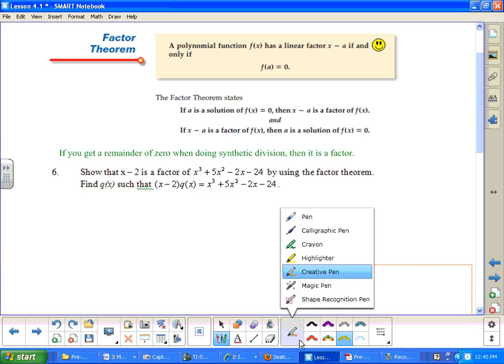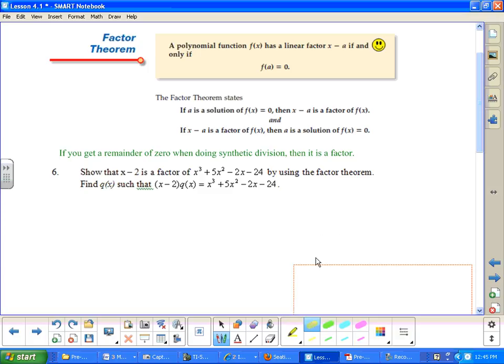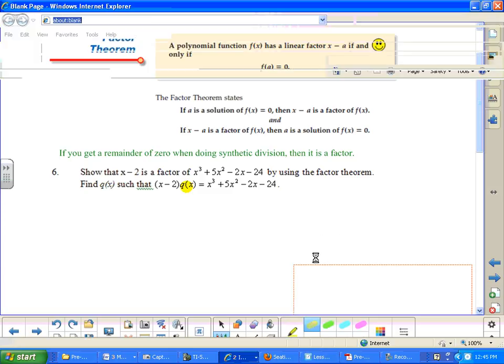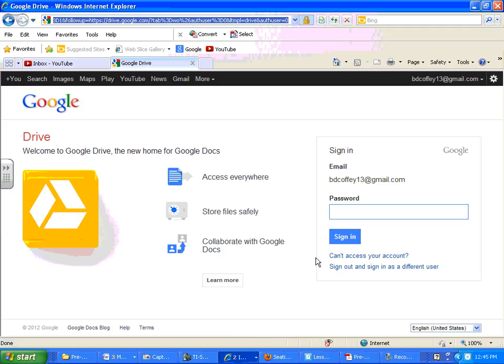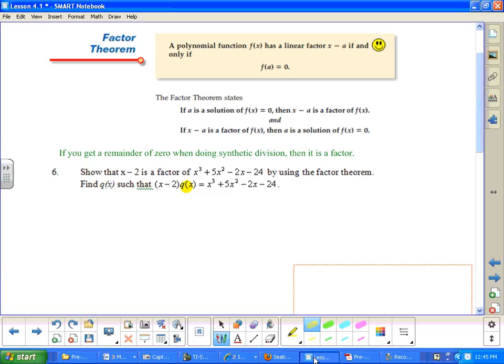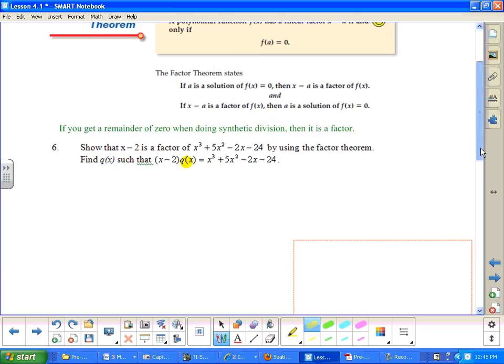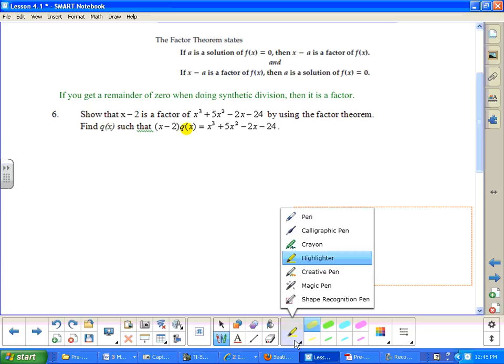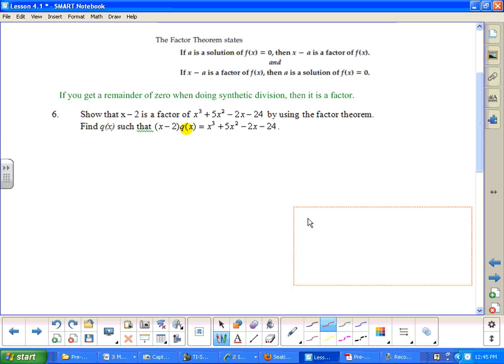This value for q of x here is just what I get when I divide. All right. So let's see if it's a factor first of all. So we're going to use synthetic division, since that's easier than long division.